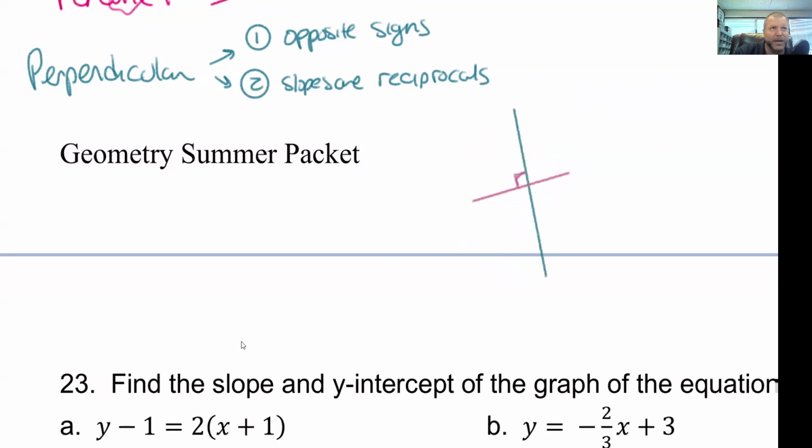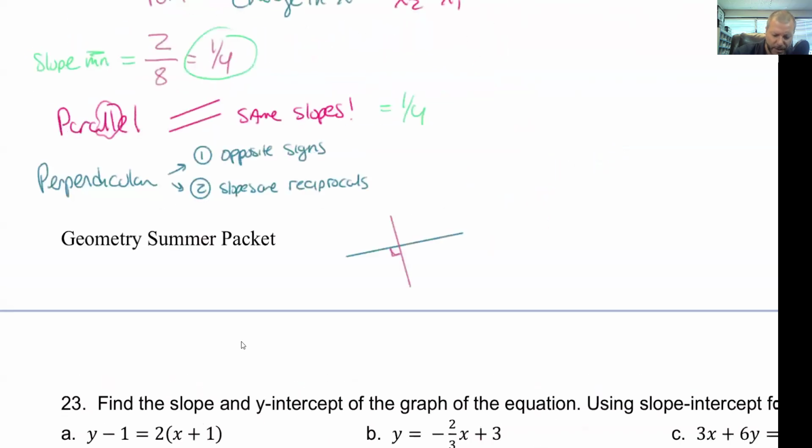So blue line's positive, red has to be negative. You always have to have different signs. Also, as this blue line gets a smaller slope, the red line has to get a bigger slope. That's that inverse relationship. That's where the reciprocals come in.